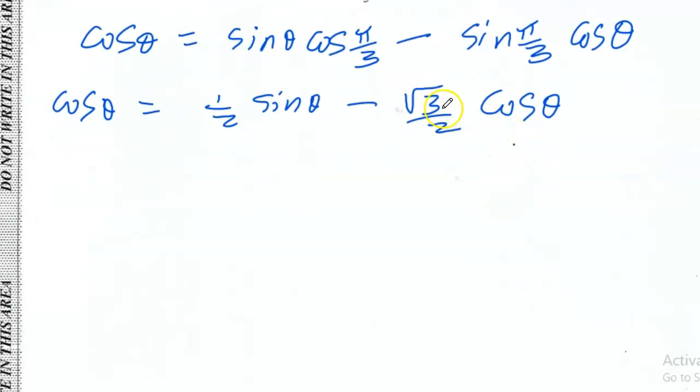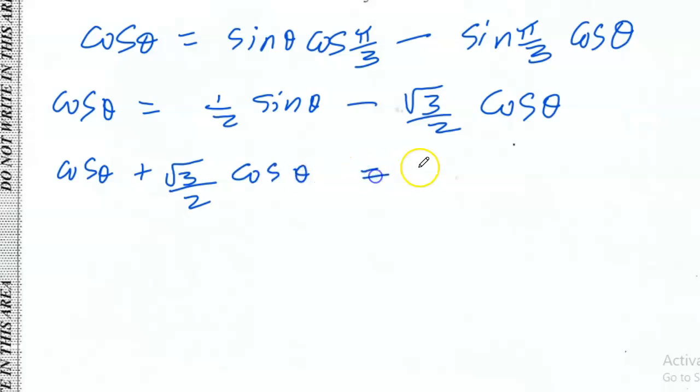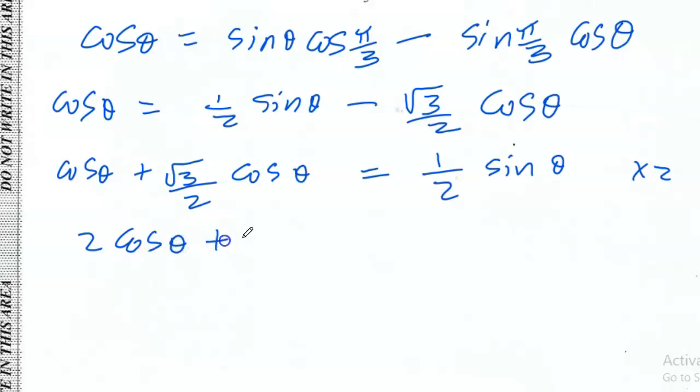If we group the cos theta, we'll end up with cos theta plus √3/2 cos theta is equal to half sin theta. I imagine we can times both sides by 2, just to get rid of the fraction, and I end up with 2 cos theta plus √3 cos theta equals sin theta.